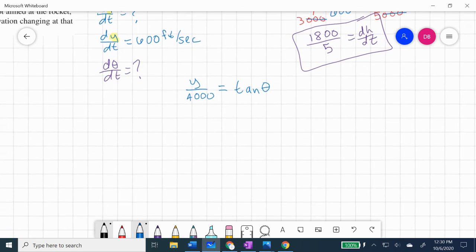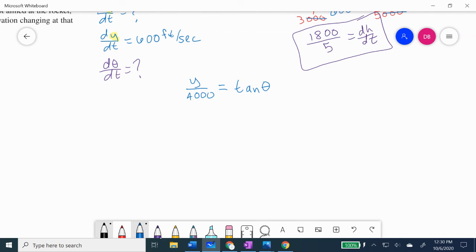Now we are ready to take the derivative with respect to time. Remember, this is a constant multiple 1 over 4,000 times y, derivative with respect to time, dy dt. Tangent theta, derivative of tangent theta is secant squared theta, but we are chain ruling, so we give mommy her theta baby and multiply by the derivative of theta with respect to time.